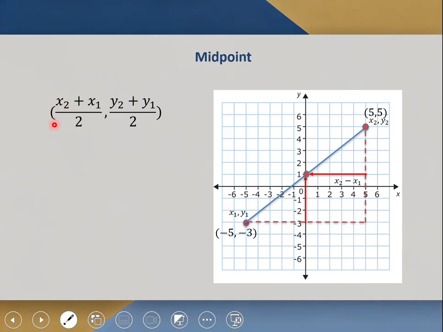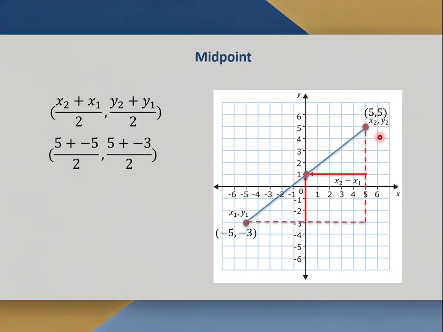I'm going to have 5 plus negative 5 over 2, and for my y's, I'll have 5 plus negative 3 over 2. If we simplify that, we get 0 and 1, which is what we've got here. When x is 0, y is 1.